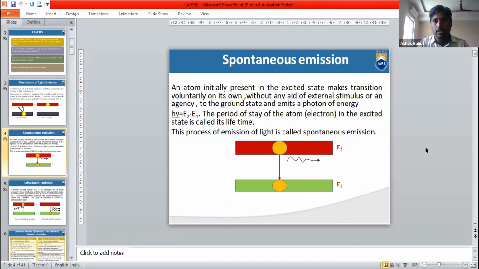Spontaneous emission: an excited atom does not stay permanently in the excited state; it has a particular lifetime. After the completion of the lifetime, the atom automatically de-excites to the ground state energy level by releasing one photon.